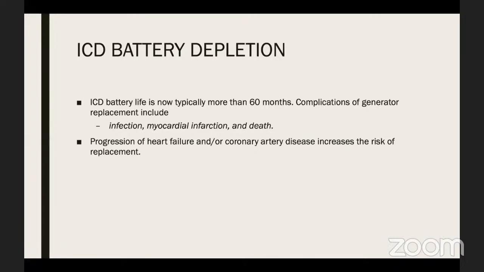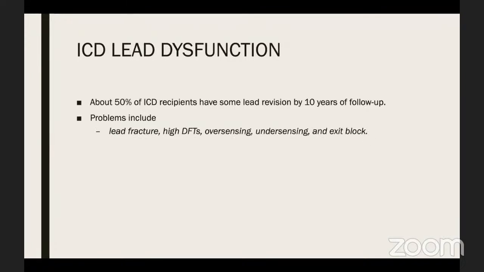The progression of heart failure and coronary artery disease will increase the risk of battery replacement. Another complication that we face is ICD lead dysfunction; more than 50% of ICD recipients have some lead revision at 10 years of follow-up. The problems include lead fracture, high defibrillation threshold, oversensing and undersensing, as we said before.